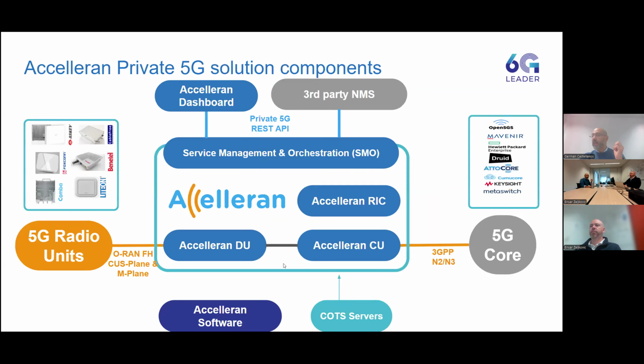So in order to do that, we have this ecosystem of 5G private solution where we're going to have the Accelleran dashboard that is going to provide information for the users.